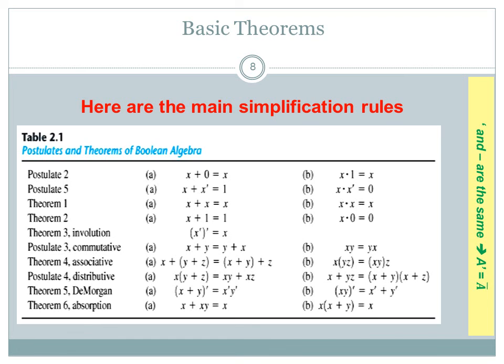And at the end, the absorption rule: x plus xy will be equal to x times (1 plus y), which will be equal to x, and x times (x plus y) will be equal also to x.